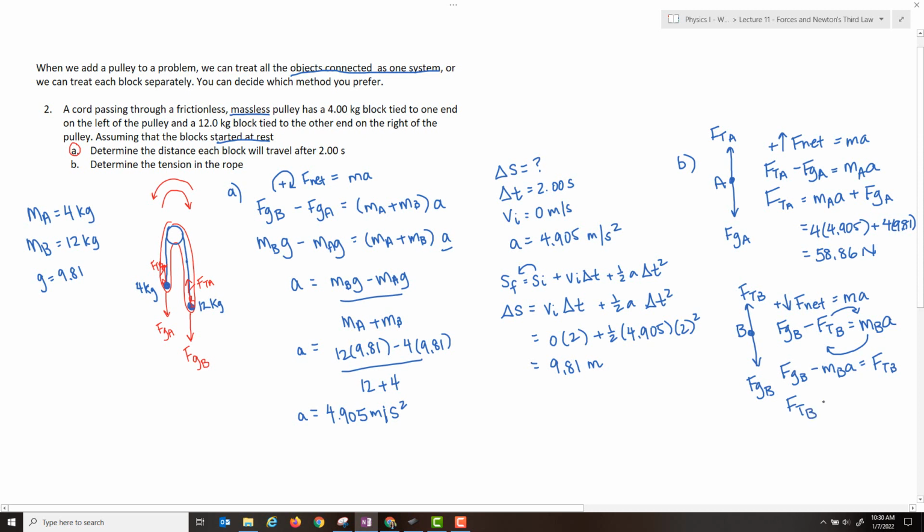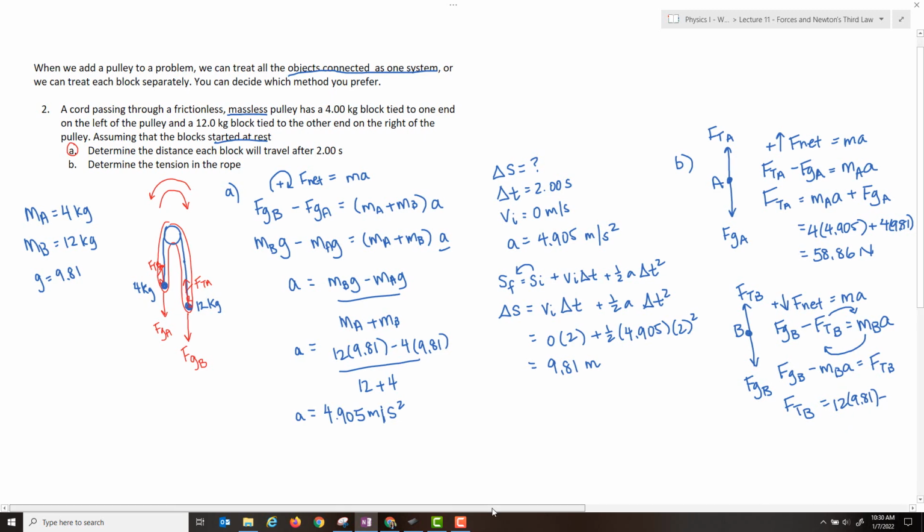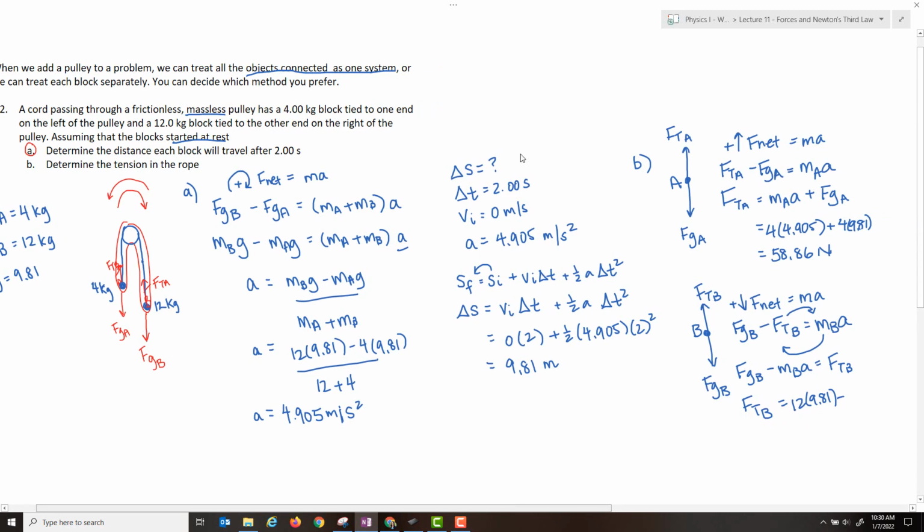Force of tension for B is equal to FGB, which is the mass of B, 12, times gravity, minus MBA. So what's our MBA? We have the mass of B, which is 12, times A. A is what we already found, 4.905.